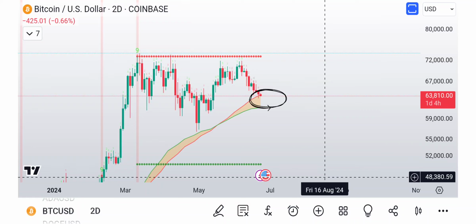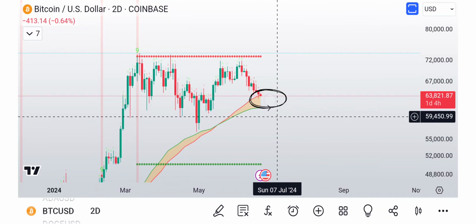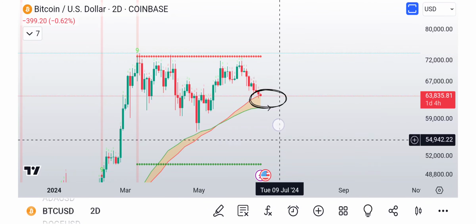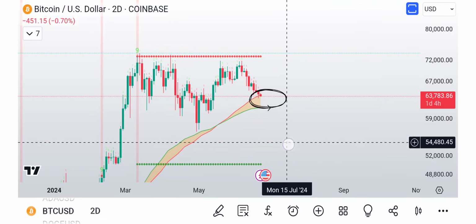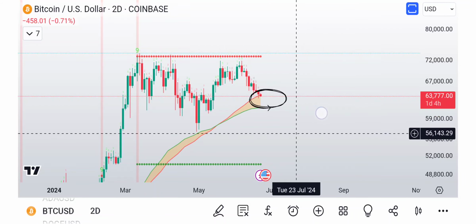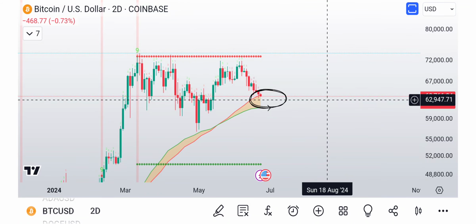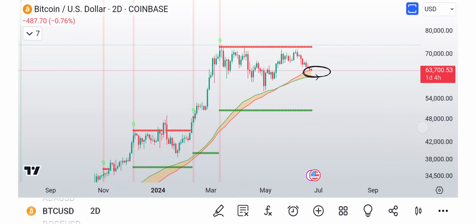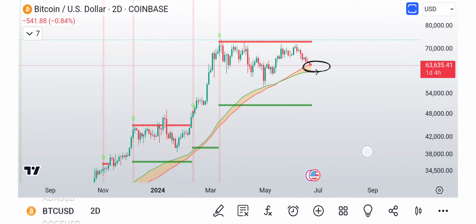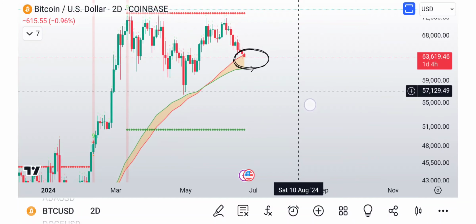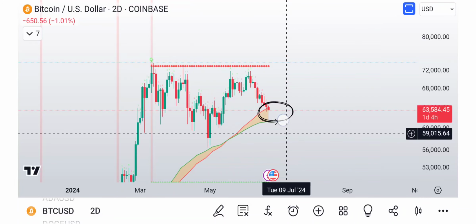You know what I mean? Or if we break below this, maybe take 30% off and wait and see. And then if we come back up, all I have to do is re-enter that 30% in the same area, and then I wouldn't have lost anything. So these are decisions that are going to have to be made, but it's all about waiting and seeing how this is going to react in here.